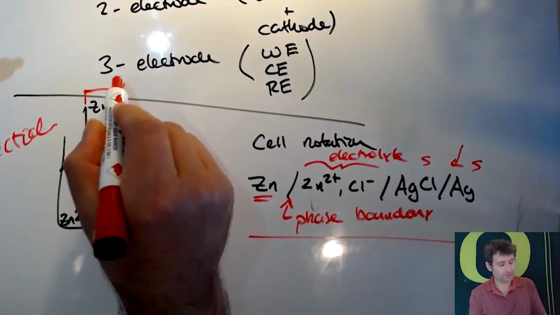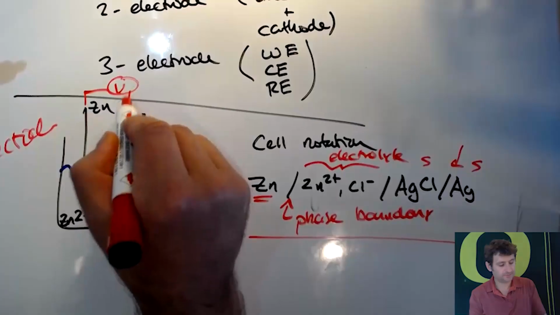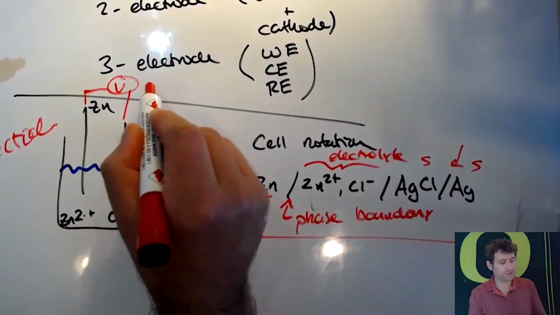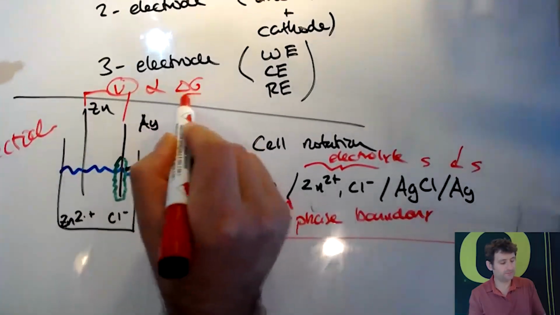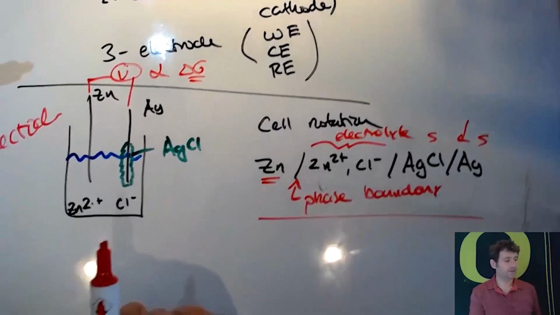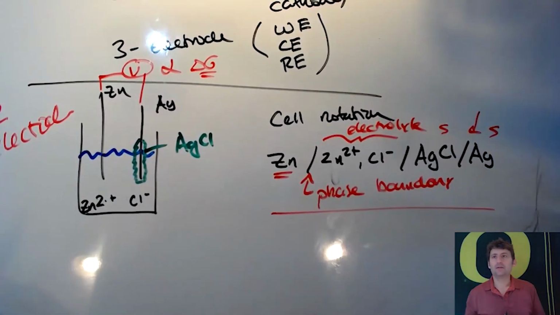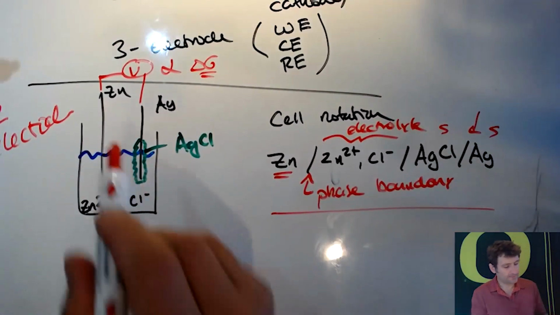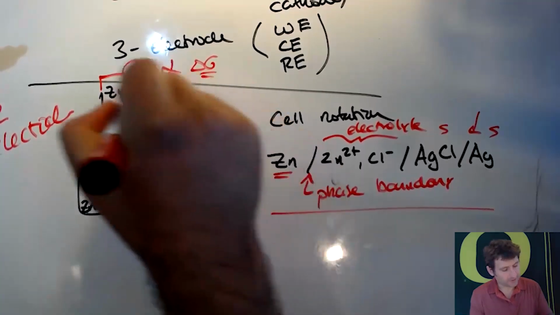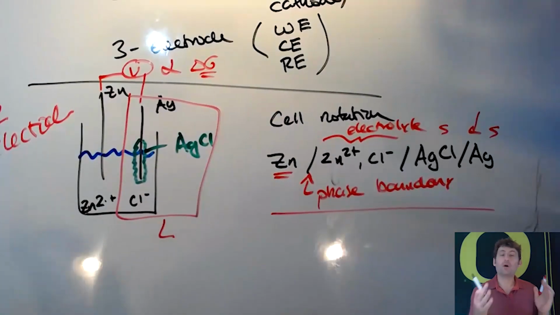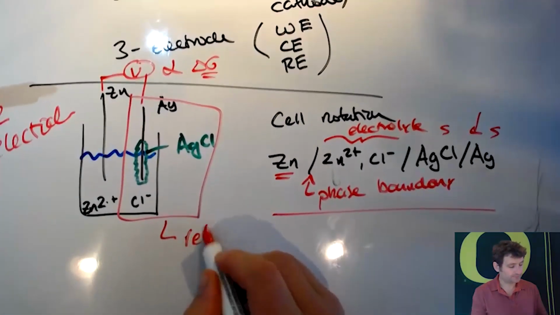And what this allows us to do here is to measure the voltage across this cell, and that voltage is going to be proportional to delta G for the reaction occurring. Now, this particular cell was set up in a way that this reaction over here is what we call a reference electrode.